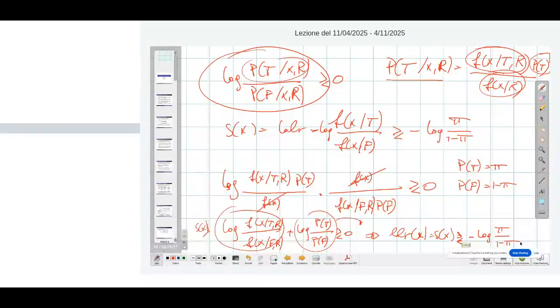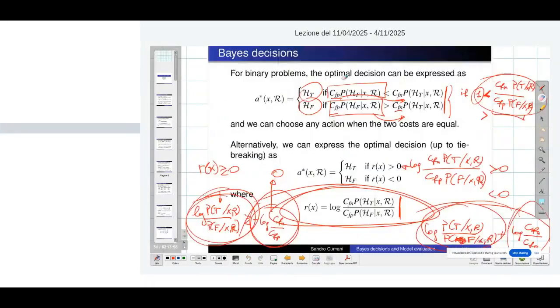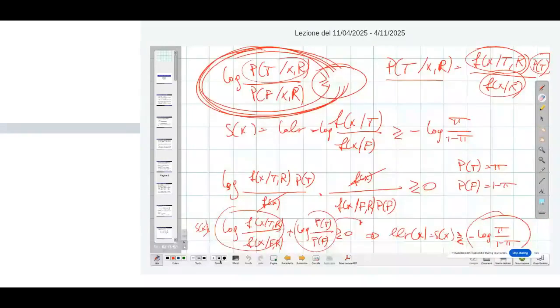This was how we were doing the classification last week for the Gaussian models when we were working with binary problems, computing the log likelihood ratio and comparing it with a threshold, which corresponds to comparing the class posterior ratio with 0. Of course, when we introduce costs, it's not 0 anymore, but it's what we have in the previous slides, minus logarithm of cost of false negative divided by cost of false positive.